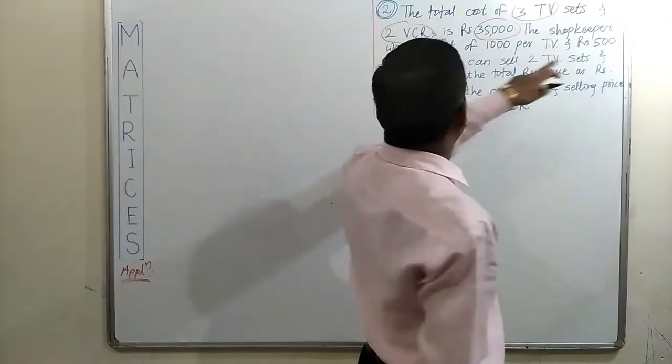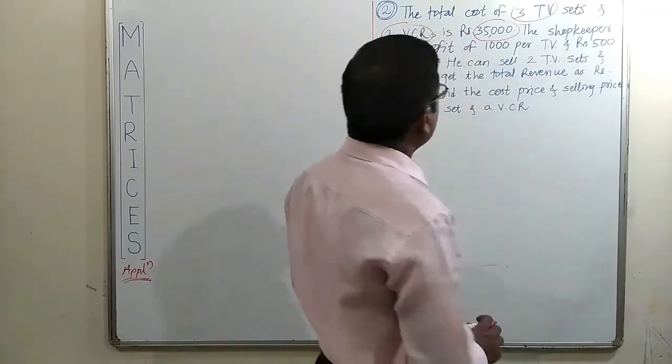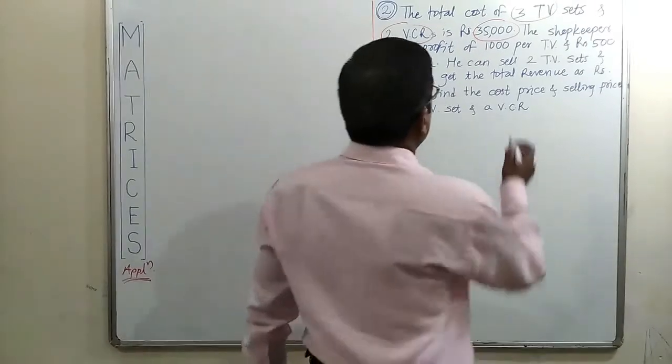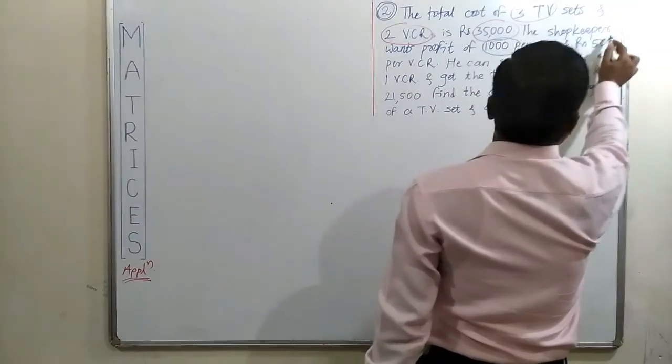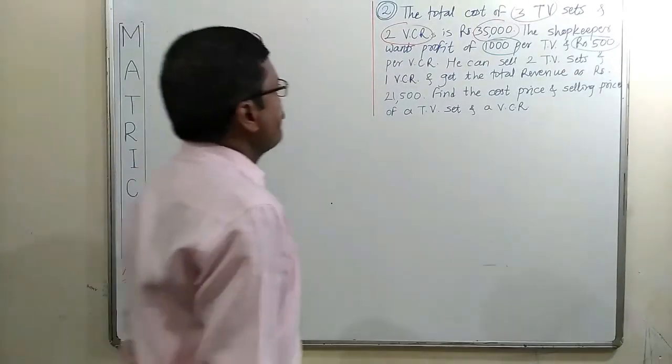The second, the shopkeeper wants a profit of 1,000 per TV and rupees 500 per VCR.